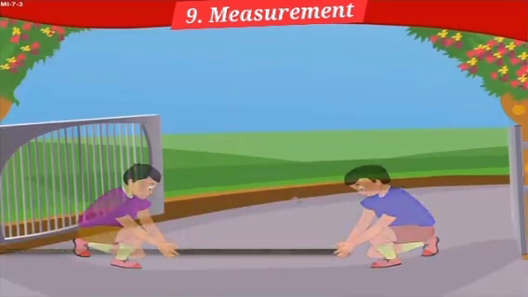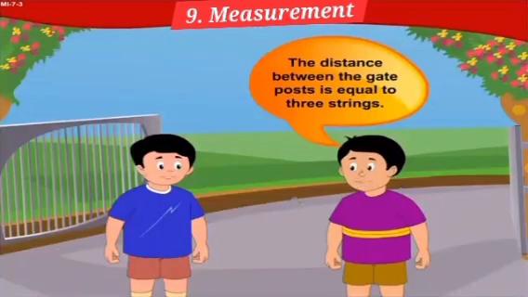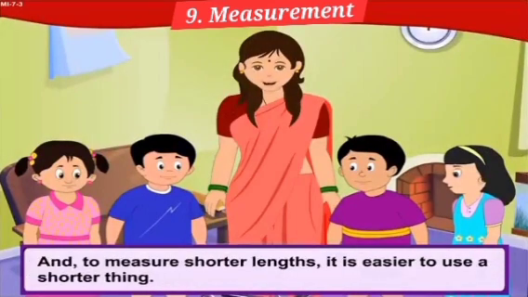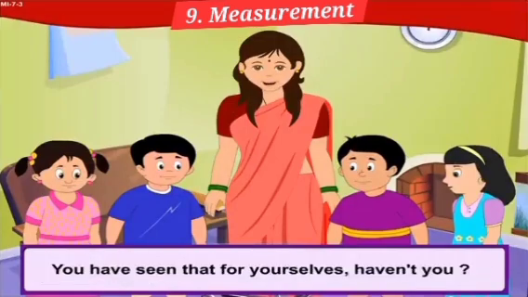We can see that the distance between the gate posts is equal to 3 strings. You're right, Tony. It's easier to measure a great distance using something of greater length. And to measure shorter lengths, it is easier to use a shorter thing. You have seen that for yourselves, haven't you? Yes!